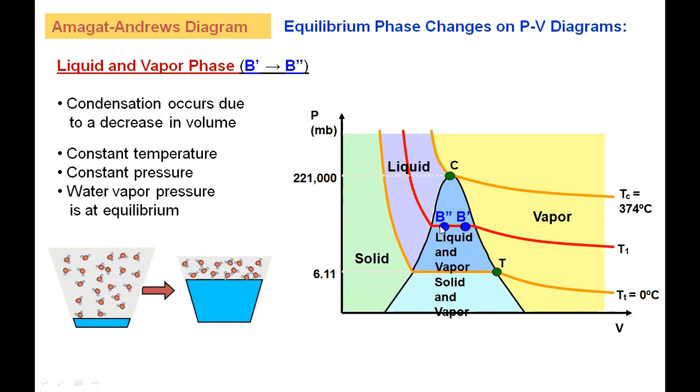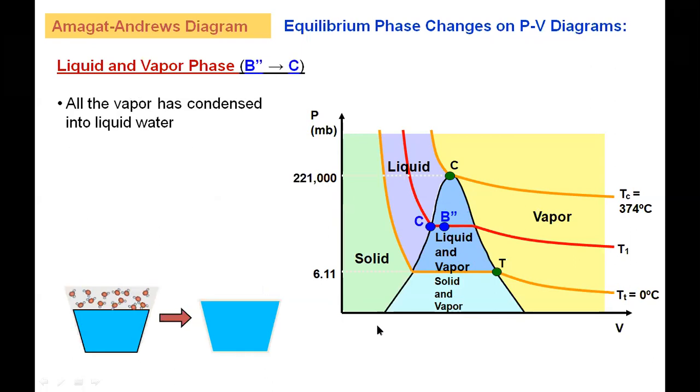Now the temperature becomes constant and also the pressure becomes constant. So in this case, water vapor pressure is at equilibrium. And then we increase, okay, from this point to, so we can see that the liquid is increased.